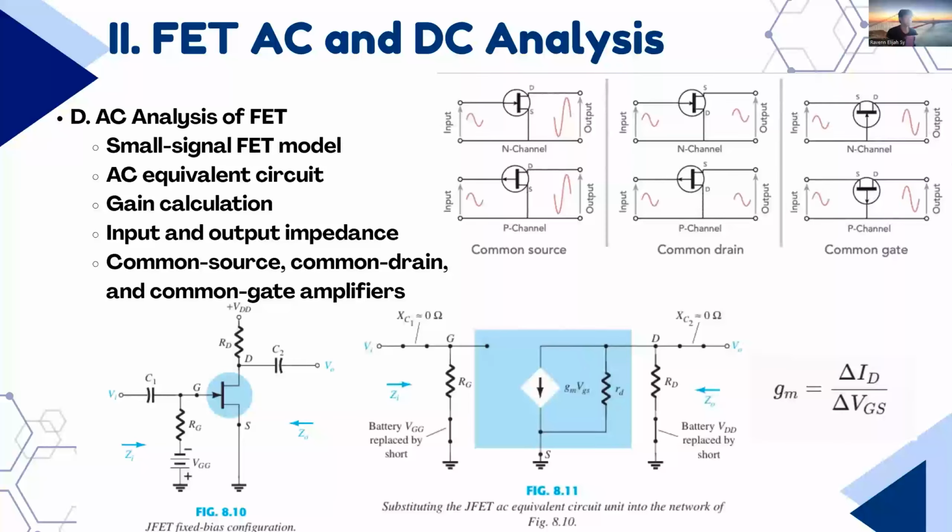Next, input impedance, the resistance seen by the AC signal source looking into the amplifier. Due to the insulated or reverse biased gate, ZI is exceptionally high. Lastly, the output impedance is the internal resistance of the amplifier circuit as seen from the output terminals looking back inward.